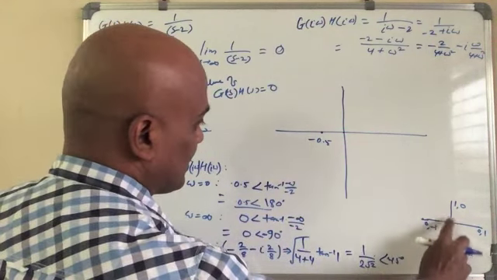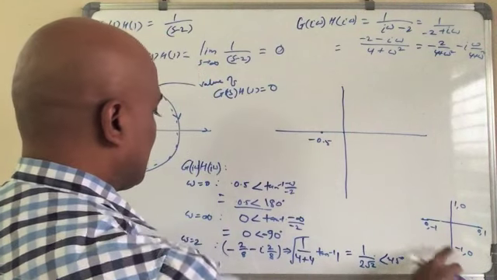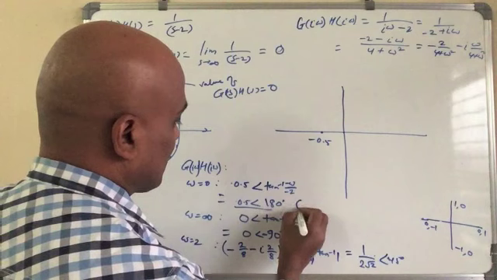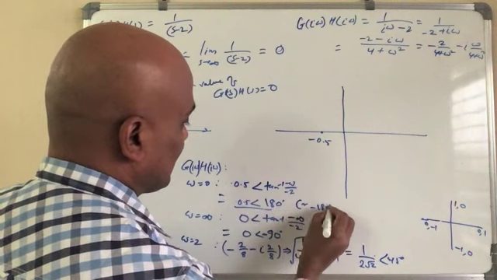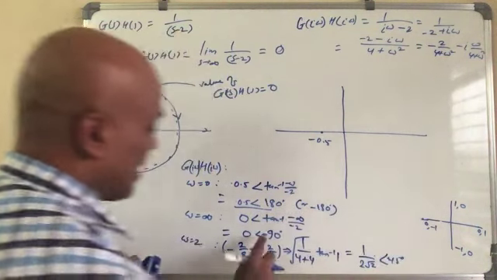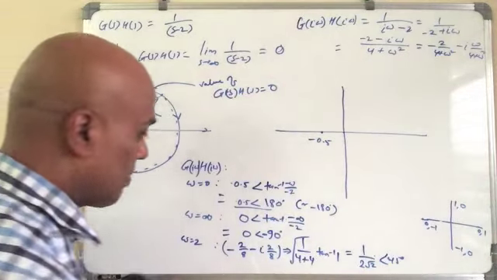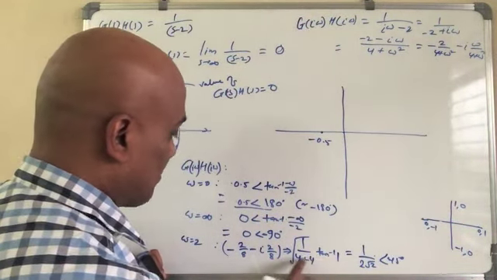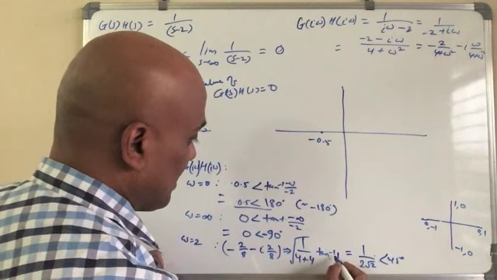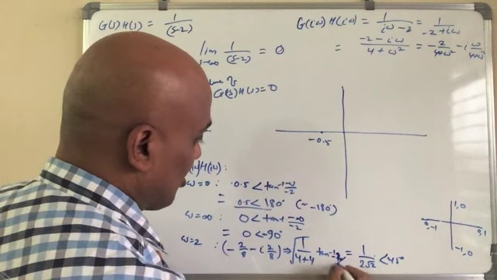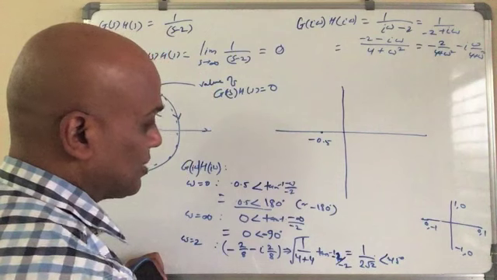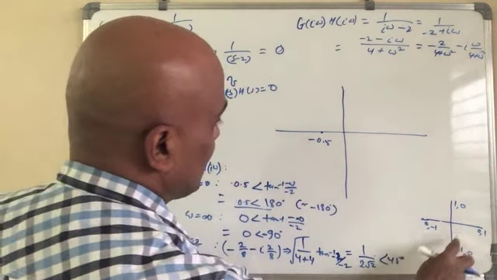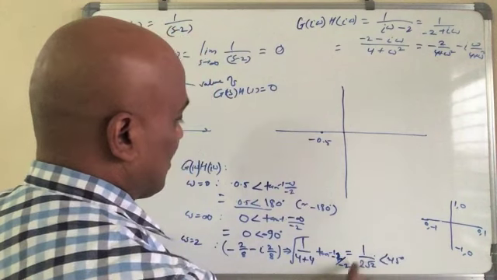Okay, so we have minus 90 degree, or you can call it minus 180 degree, since we are calling this minus 90 degree. Now omega equal to 2, we have tan inverse of minus 2 over minus 2, so we get 1 over 2 root 2, not 45 degree, will be here.